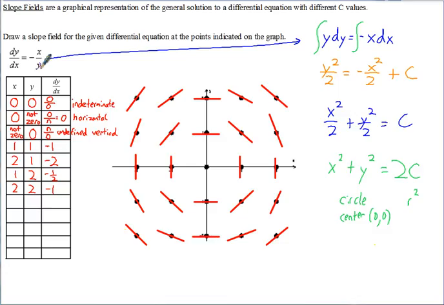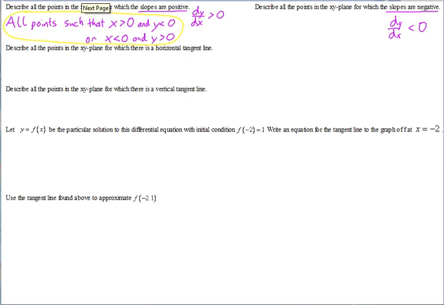Either they're both positive, x and y, which will lead to negative, or they're both negative, so those negatives will cancel. So the way you can say that is all points such that they're both positive, x is greater than 0 and y is greater than 0, or x is less than 0 and y is less than 0.